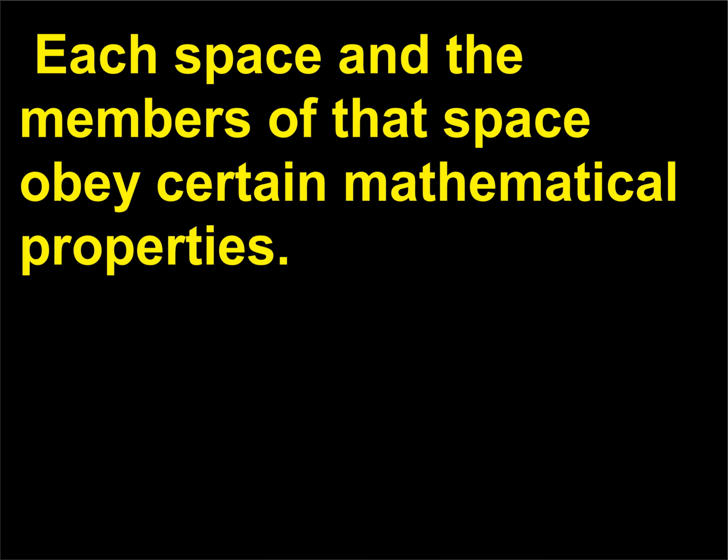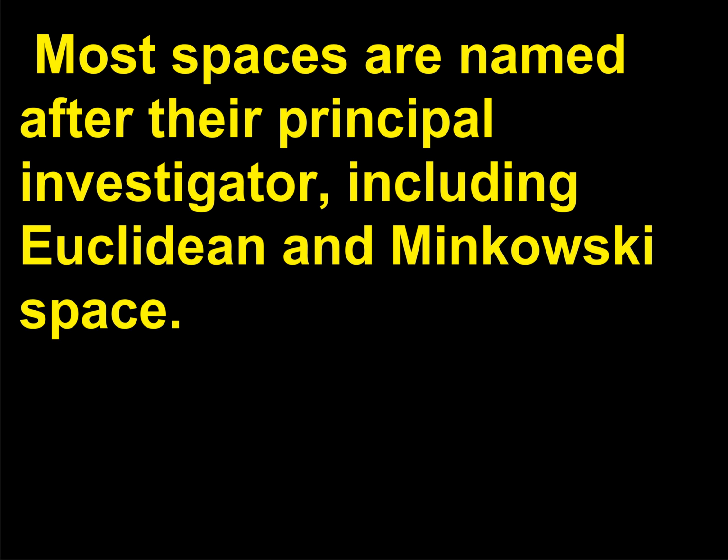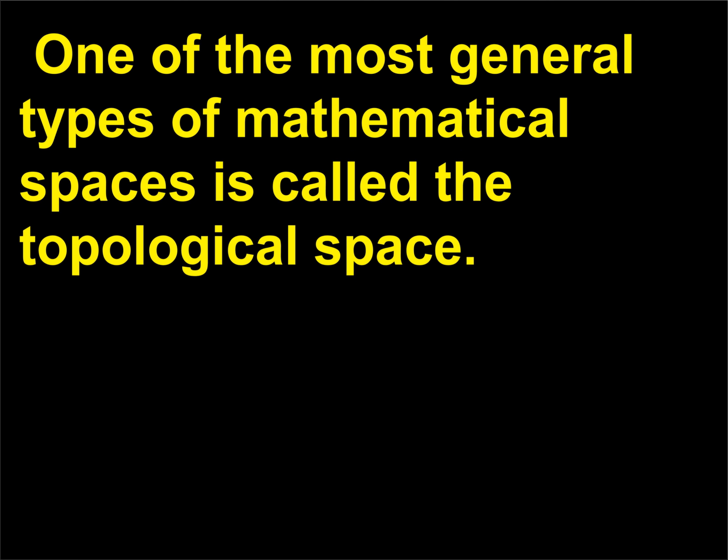Each space and the members of that space obey certain mathematical properties. Most spaces are named after their principal investigator, including Euclidean and Minkowski space. One of the most general types of mathematical spaces is called the topological space.